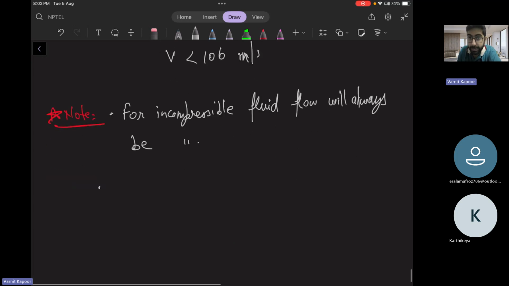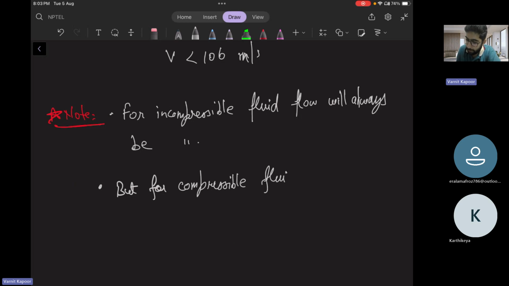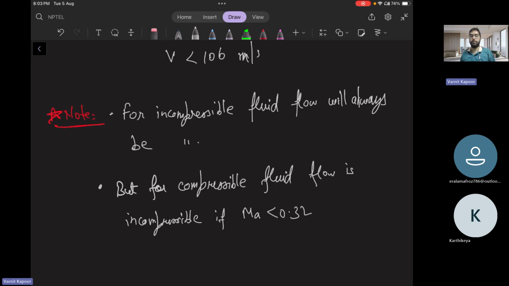But for a compressible fluid, flow can be incompressible if Mach number is less than 0.32. Is it clear or any doubts? Yes, sir. No doubts? No, sir. Great.